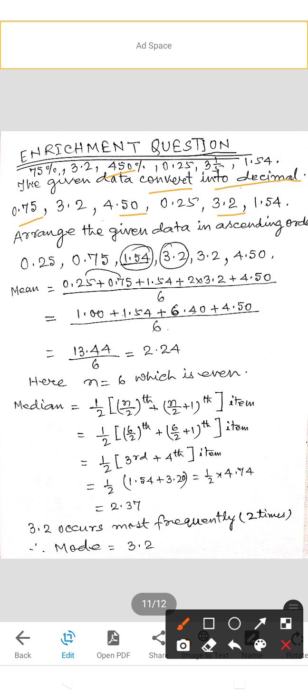Arrange the given data in ascending order. Write in ascending order: 0.25, 0.75, 1.54, 3.2, 3.2, 4.50.